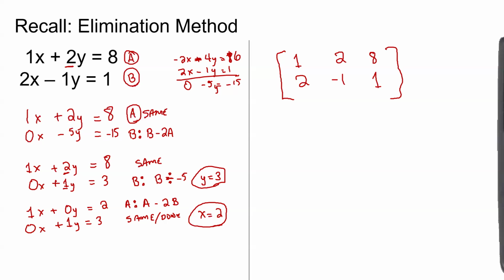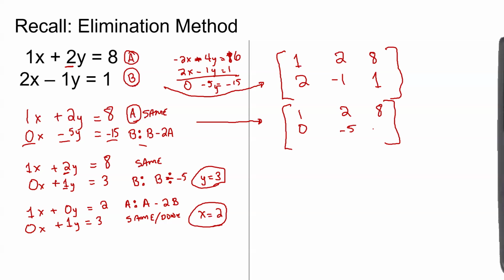If I take this first step that we did right here and write that as a matrix, I've got 1, 2, 8. Remember, we didn't change anything on the first row. And then I'm looking at the 0, negative 5, negative 15, like that.